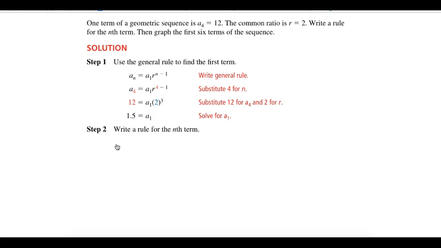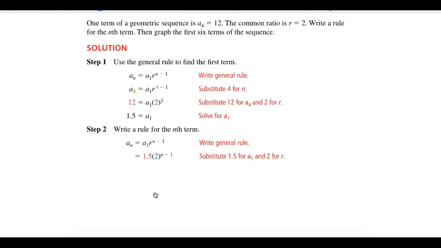Now, for writing out our nth term formula, we know that our first term is 1.5 and our r value is 2, so we're going to write our general rule down, and we're just going to replace a_1 with 1.5 and replace r with 2. Let's go ahead and substitute for these right here.